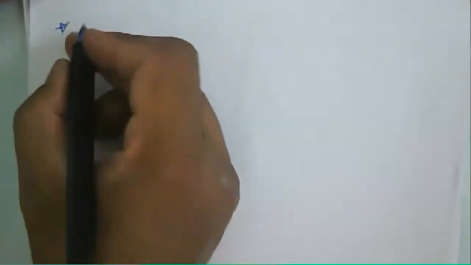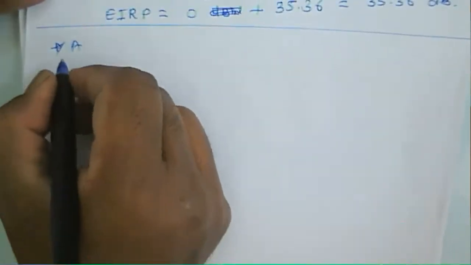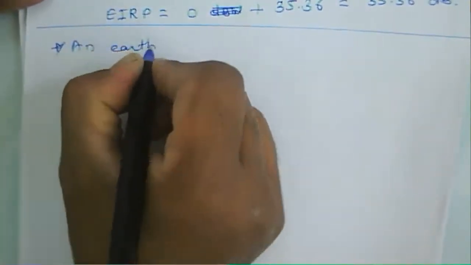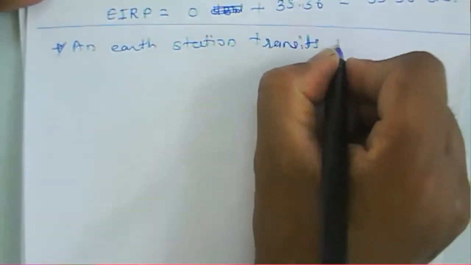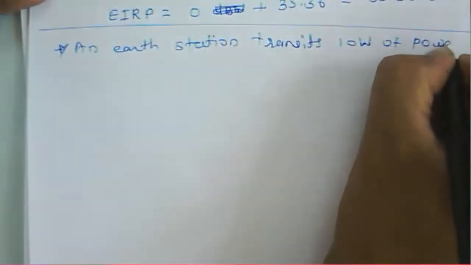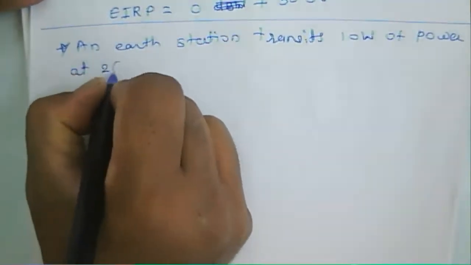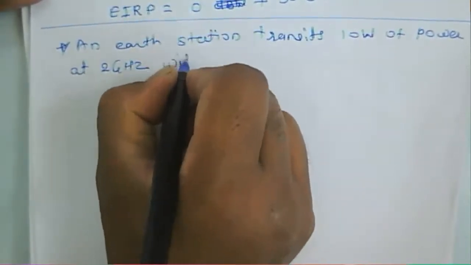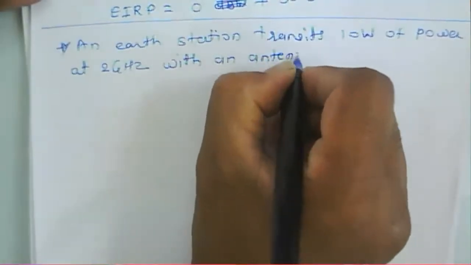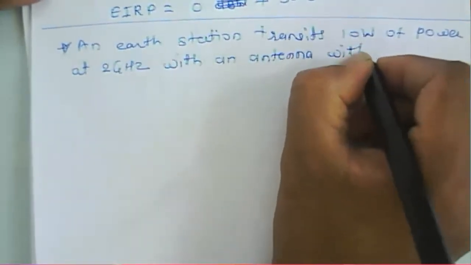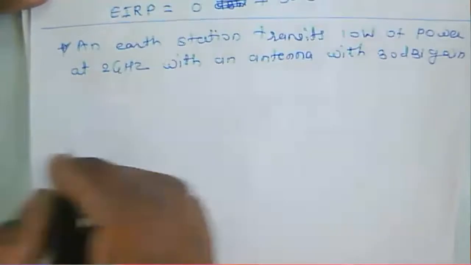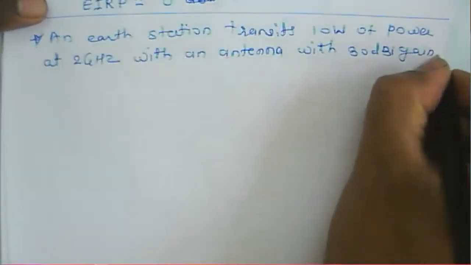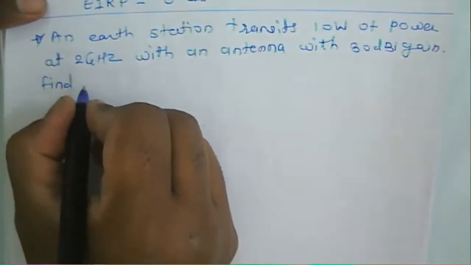Next. An earth station transmits 10 watt of power at 2 gigahertz with an antenna with 30 dBi gain.